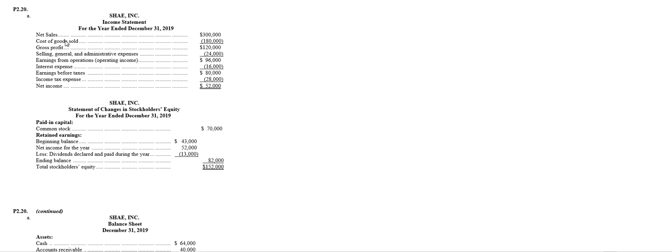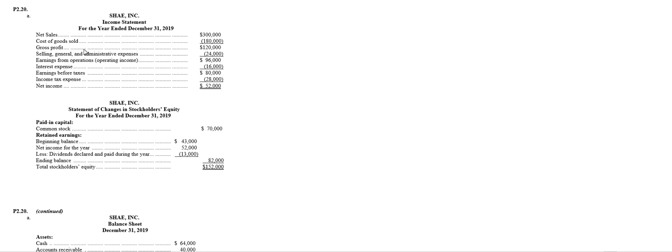So this is the amount over the cost that you have paid for the item that you're going to resell. And then, of course, gross profit is the amount that'll go toward your general, selling, and administrative expenses and your earnings as well. So it's anything over the cost of the actual goods that you're selling. So we come up with a gross profit amount, and we line item that on an income statement.